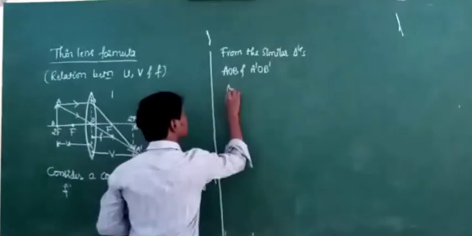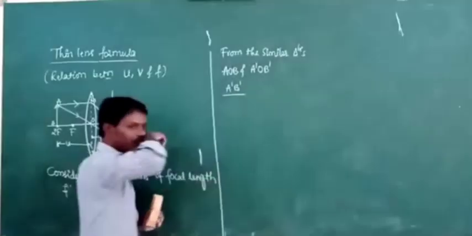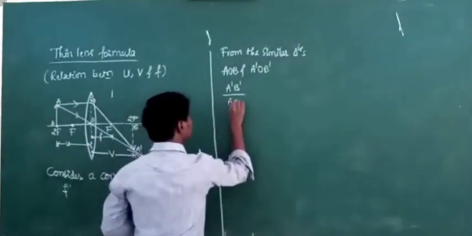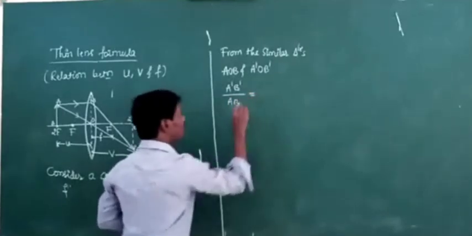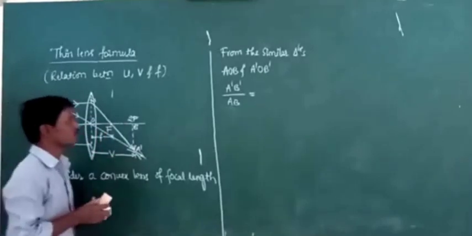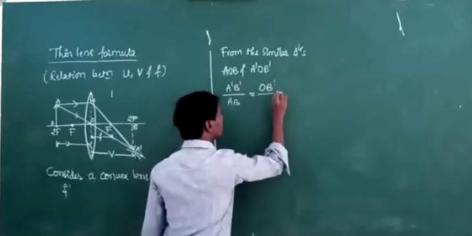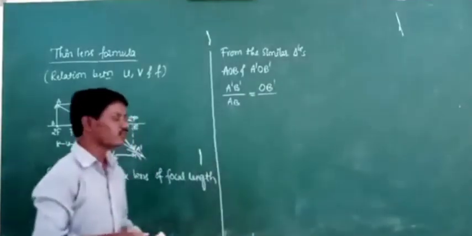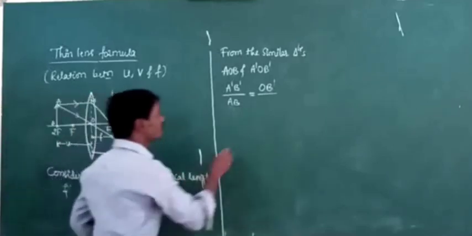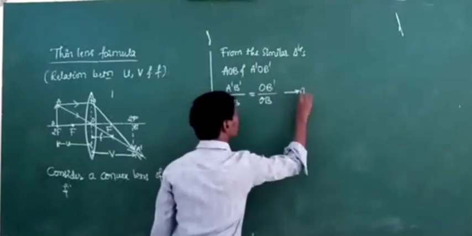The vertical side of the image triangle, A'B', divided by the vertical side of the object triangle, AB, is equal to the horizontal side of the image triangle, OB', divided by the horizontal side of the object triangle, OB. I will take it as equation 1.